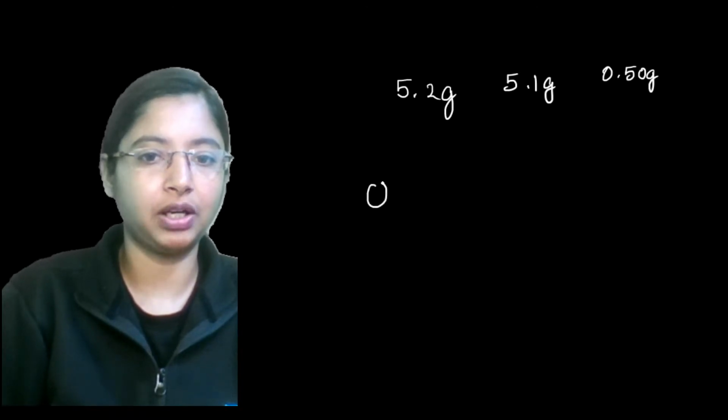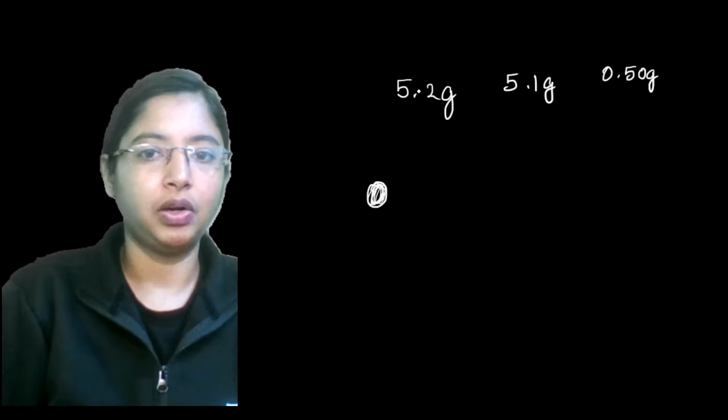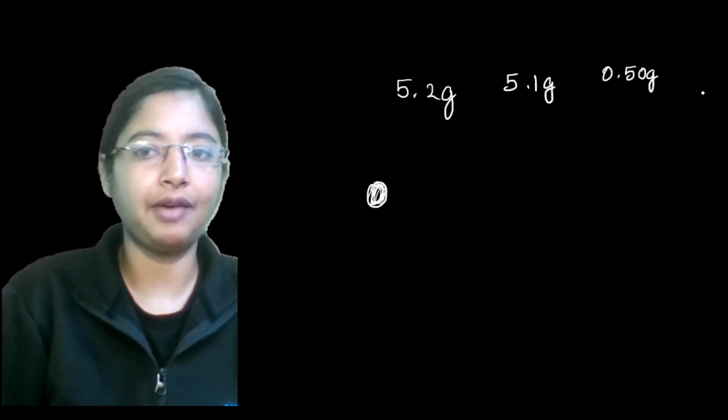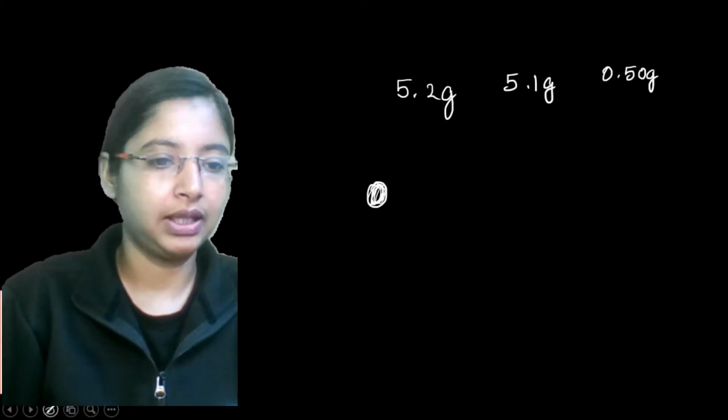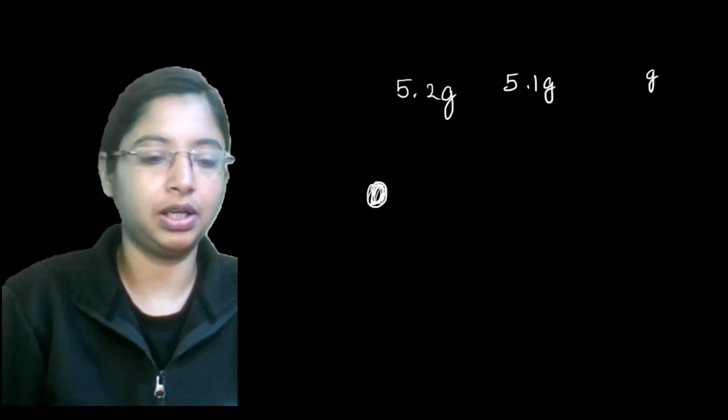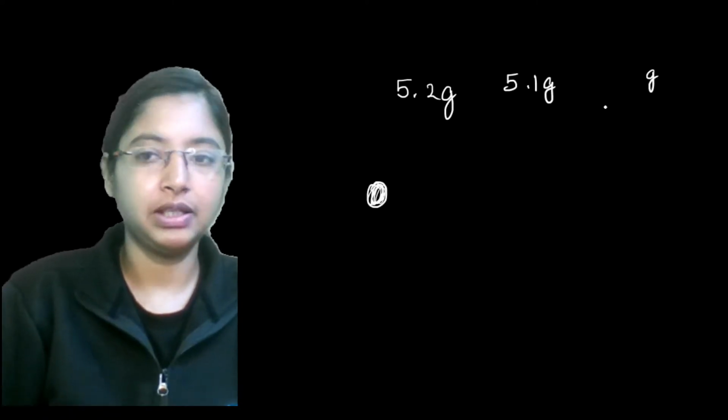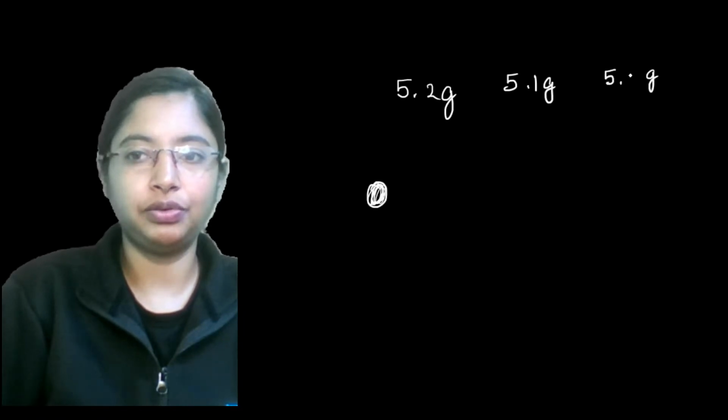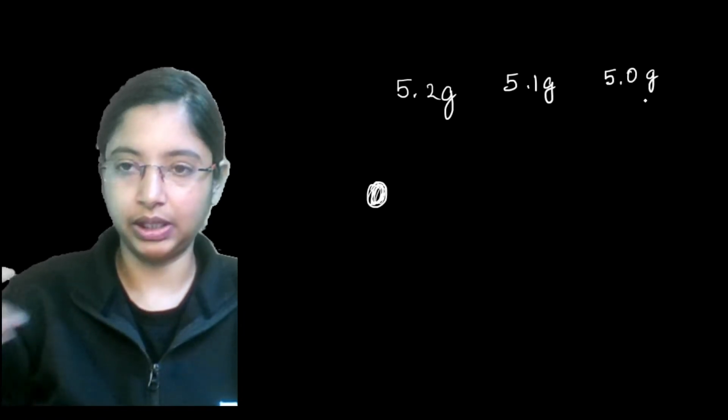Let's say you're measuring the mass of a ball. Every time you measure the mass, you're getting a different reading. So if you take the average of them, that will be the actual mass. In this case, you got 5.2, 5.1 and 5.0, right?